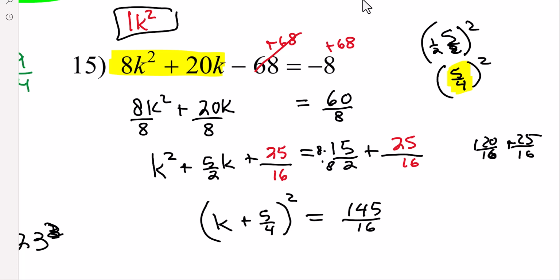That's 145/16, which is not a perfect square. So when we take the square root, positive and negative, I should have left room for that. Sorry about that. Positive and negative is very important.